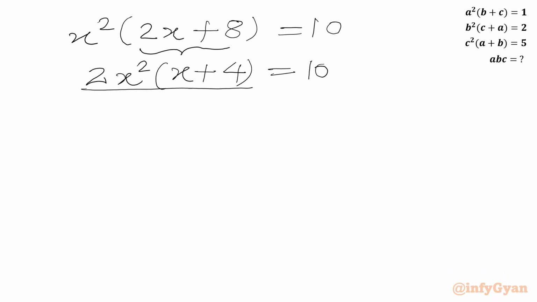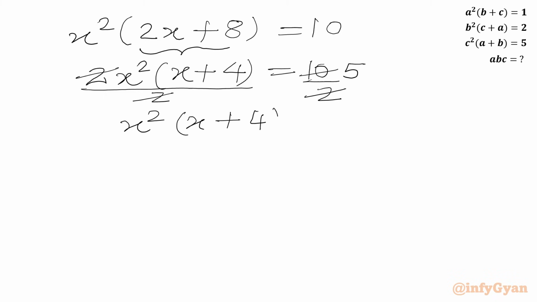Now we will divide both sides by 2. So from the LHS we will cancel 2 and 2 from numerator and denominator. 10 over 2 is 5. So we will get x square times (x plus 4) equal to 5, or x cube plus 4x square equal to 5.